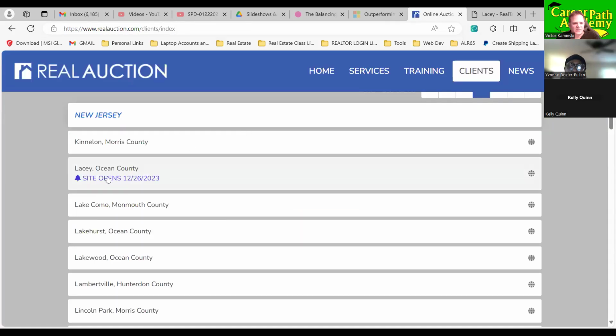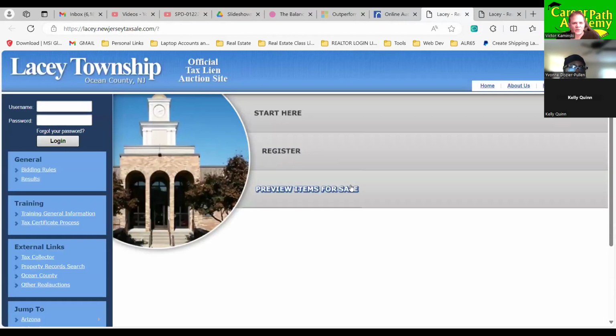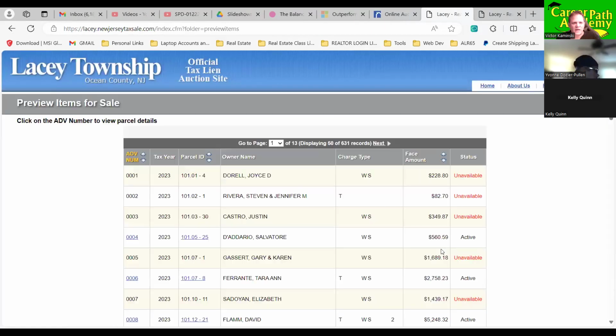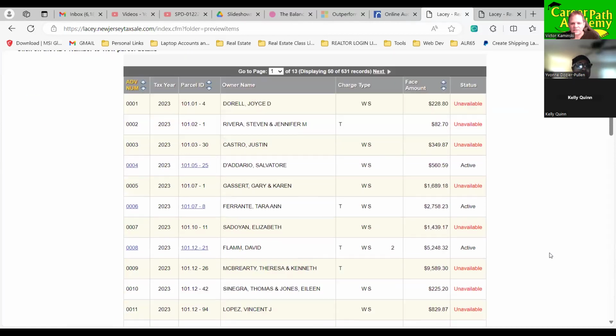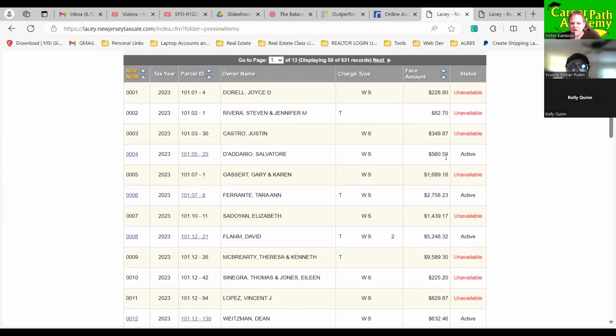So going back to here, we clicked on Lacey, Ocean County, and previewed the items for sale. You can see that there are some items here that are only $560, this one. And you can see the charge type. There are codes here. T could be taxes. WS could be water and sewer.